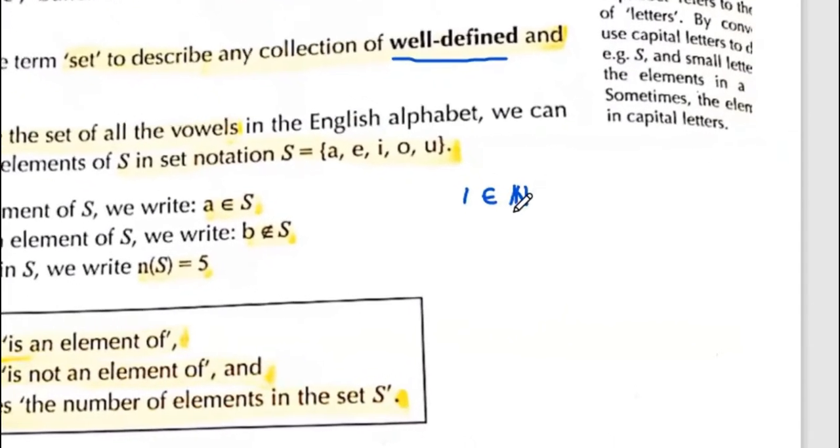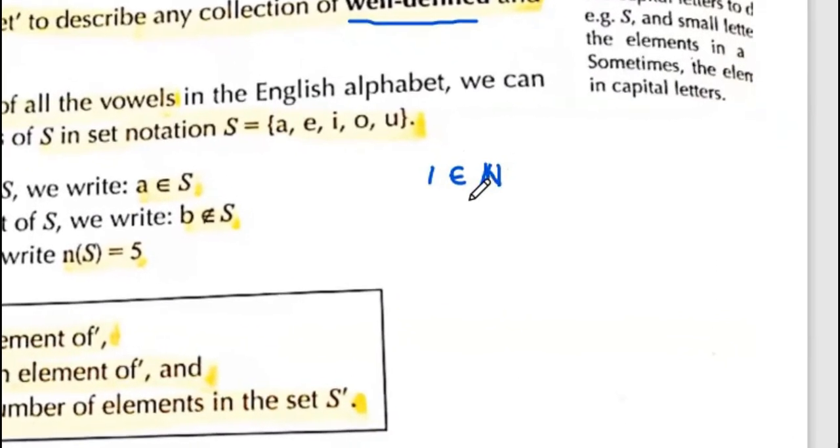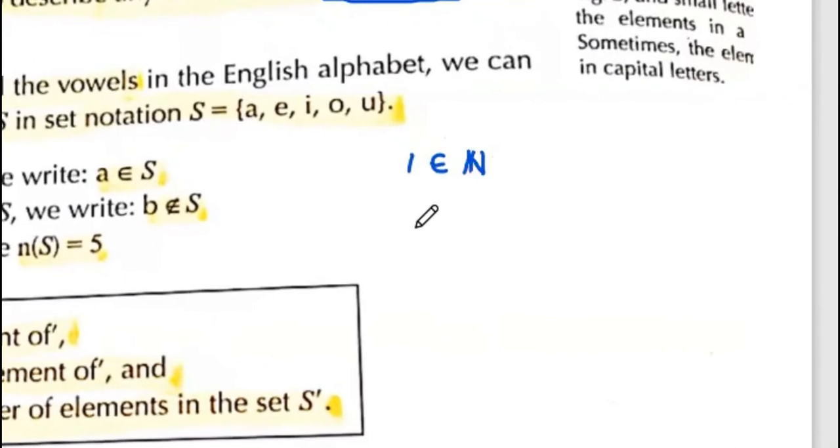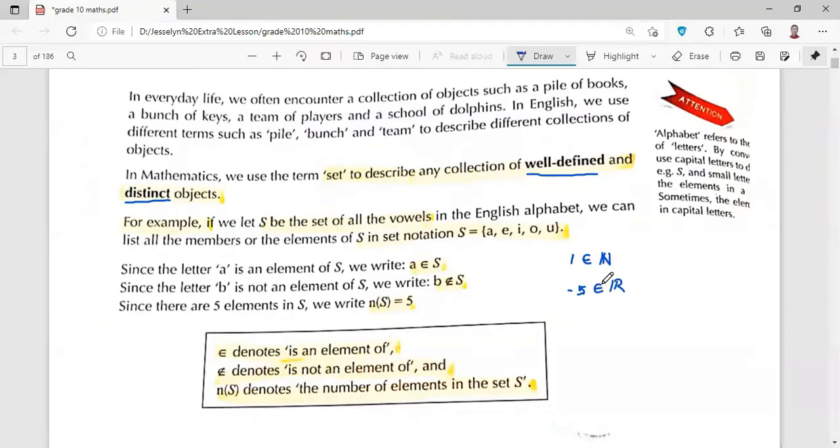If we have -5, and we know that -5 is part of the real number system, then we say that -5 is an element of the real number system. Because the real number system is a huge classification, we cannot list them down, Jesselyn, that is why we write them in symbols. Do you understand what I mean?